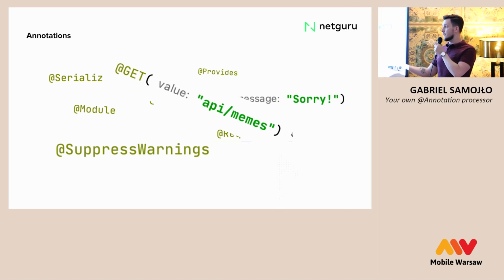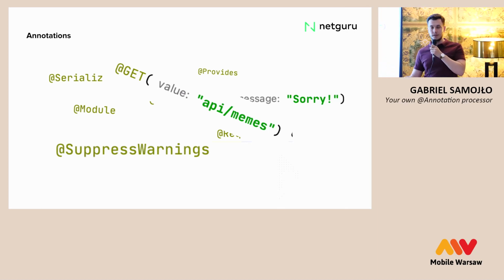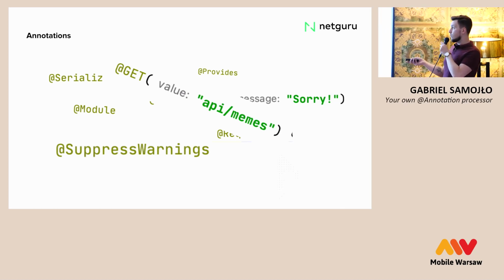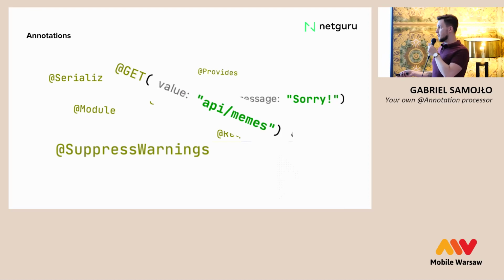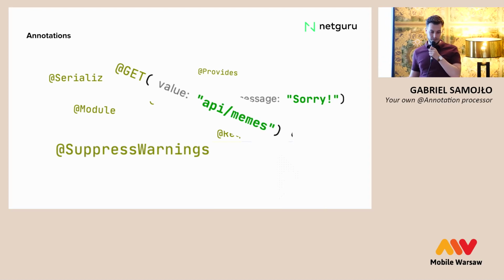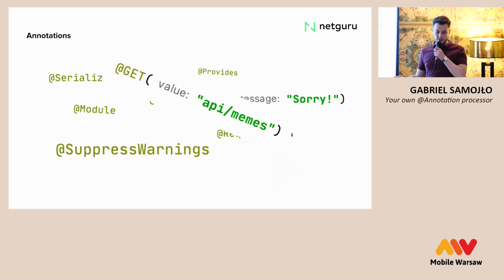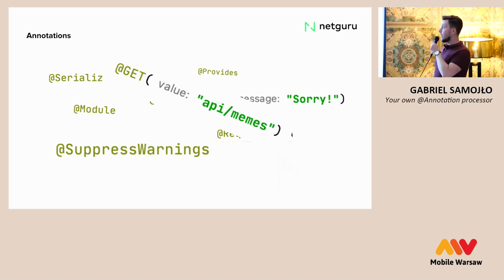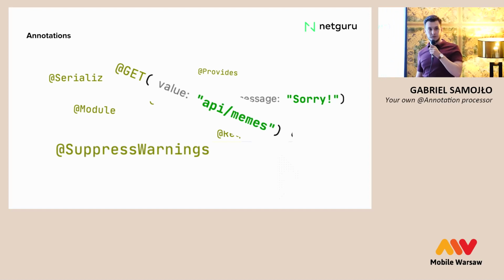So we have this Get annotation. It's from Retrofit. I can imagine everybody is familiar with that, right? It provides the information about which API is going to be called. There is no logic of calling this API, right? We are only providing some kind of information. And this information can be processed at runtime or at compile time.